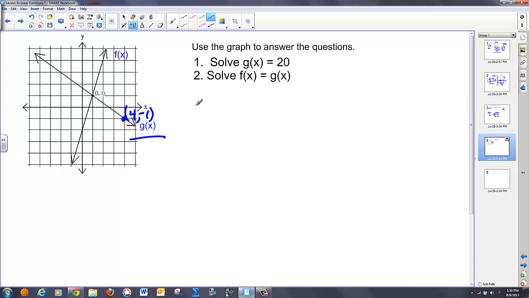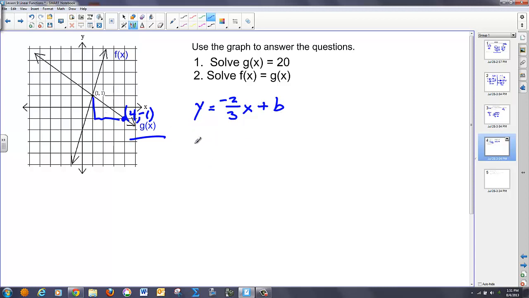G of x, or y, equals, I'm going to do a slope here. I go down 2 over 3. So that's negative 2/3 x plus b. And I'm not sure what that is, but I know it goes through the point 1, 1.